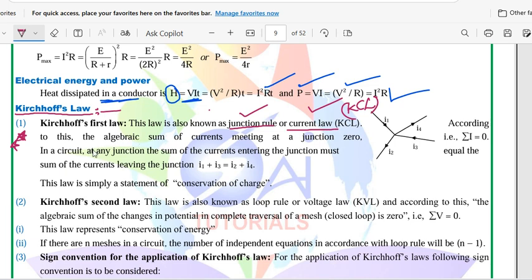The algebraic sum of the currents meeting at a junction is 0.